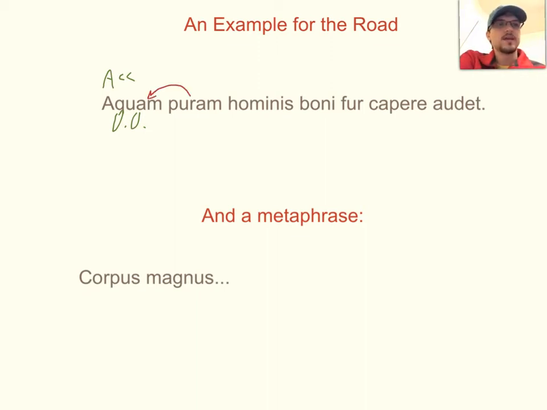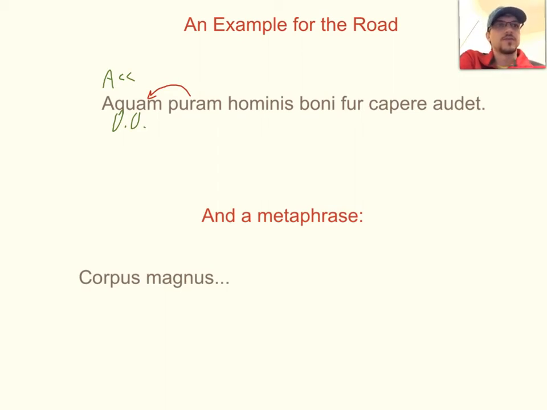Okay. Now we get to hominis. Hominis has an is ending. We know it's third declension from our dictionary entry. So we say, well, that's definitely genitive. And genitives do have to modify another noun, but we're going to hold off on doing that just for a second, and we're going to move on to boni, which also could be genitive and is very likely genitive because of hominis next to it, but it also could be nominative plural.